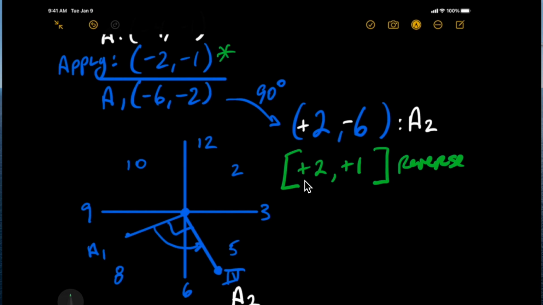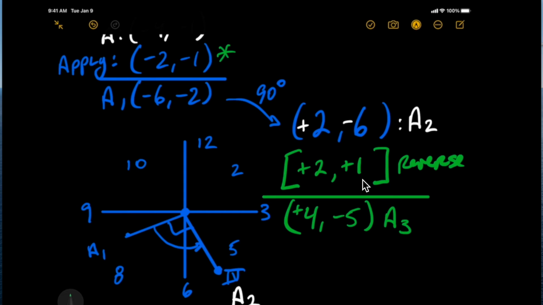Instead of -2, we're going to add 2. Instead of -1, we're going to add 1. So basically, we're going to undo what we did originally. Our final answer is going to be +4, -5, and this is our final point, the third point, otherwise known as A prime.